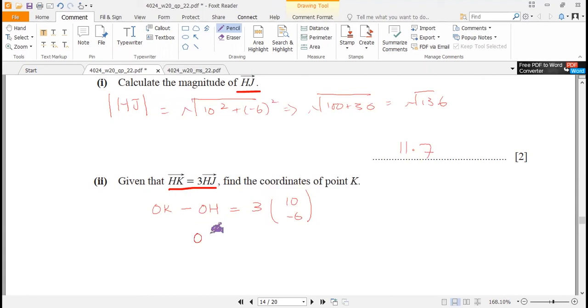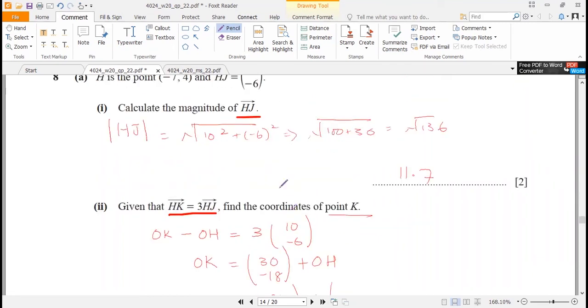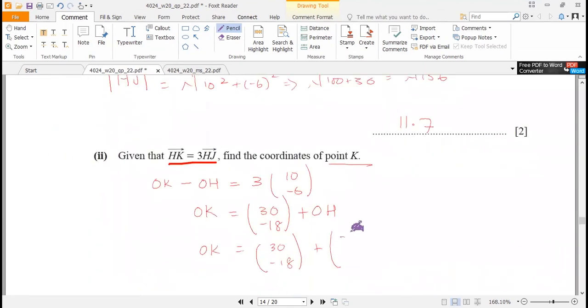Now we need to find the coordinates of K. So OK is equal to 30, 3 multiplied by -6 is -18, plus OH, which is (-7, 4).